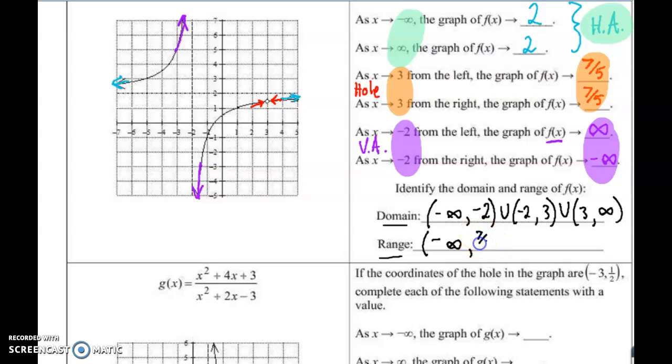So that's where we want to examine 7/5, and then from 7/5 until 2 from right here, and then from 2 to infinity. So you don't actually need the graph, for the record. You could just look at these values to help you indicate that.